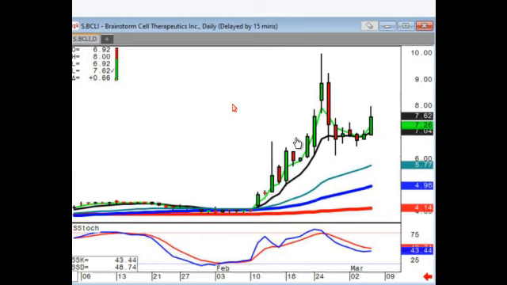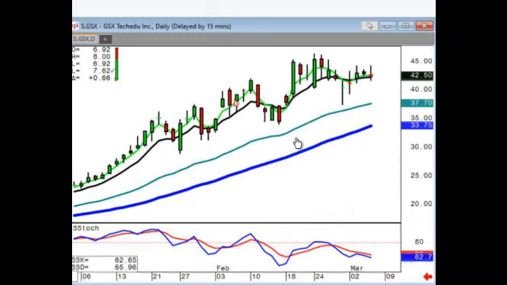So what's my big fear of holding on to something like this? Is that if I close it out and it starts going positive, boy, was I stupid. But right now, I don't know whether it's going to go up or down or sideways.